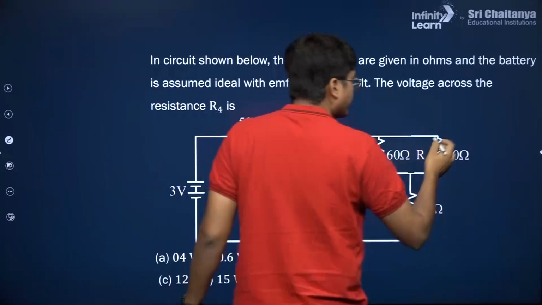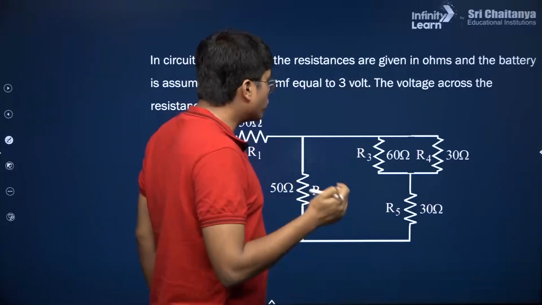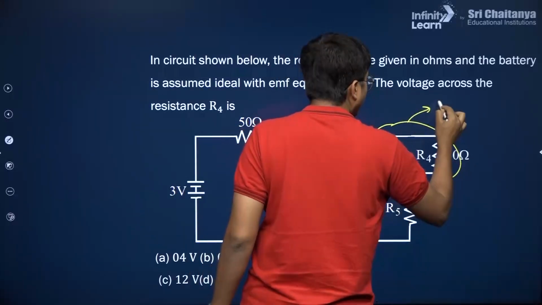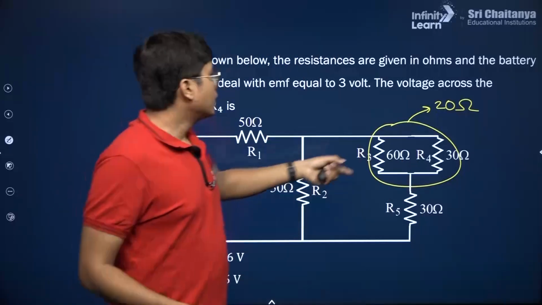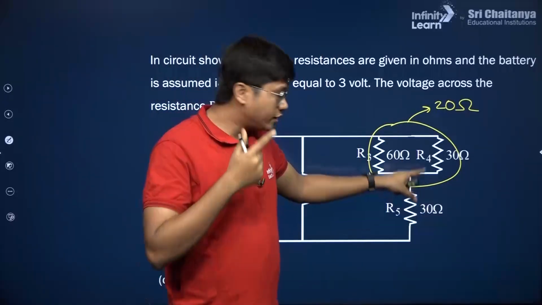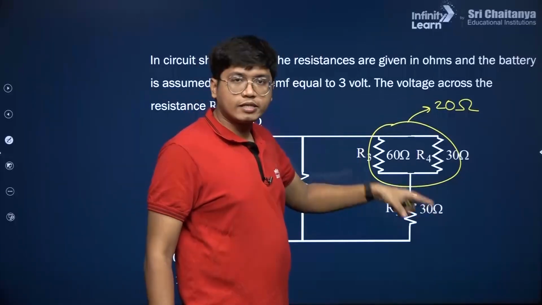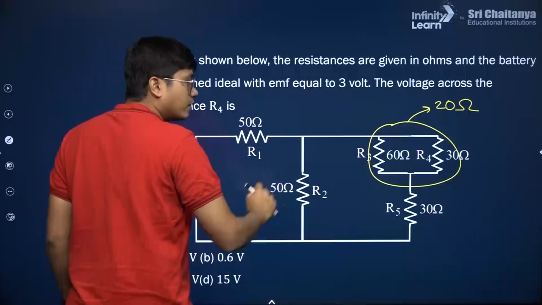Yes, 1800 divided by 90 is going to give you 20 ohms. So the equivalent for this part is 20 ohms. Next, this 20 ohm is in series with this, so the equivalent of this entire part is 20 plus 30, 50 ohms. Now that 50 ohms is in parallel with another 50 ohm.